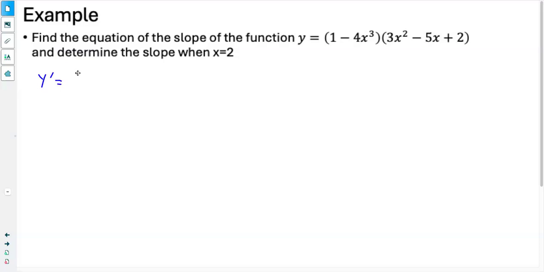So we know the derivative of y is d over dx of (1 minus 4x cubed) times (3x squared minus 5x plus 2).